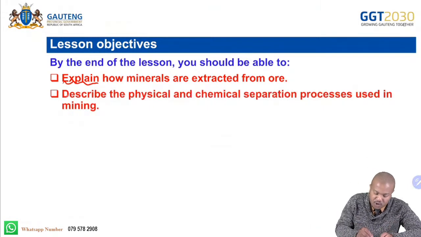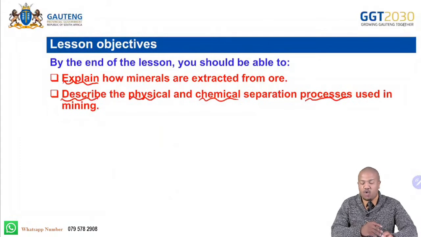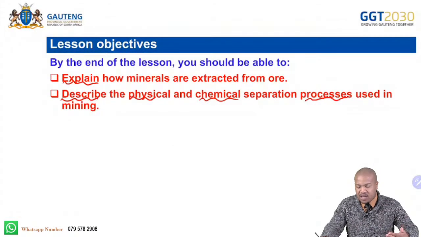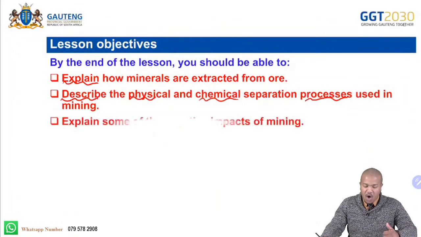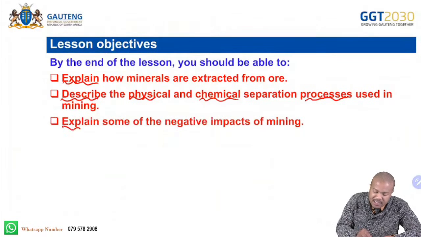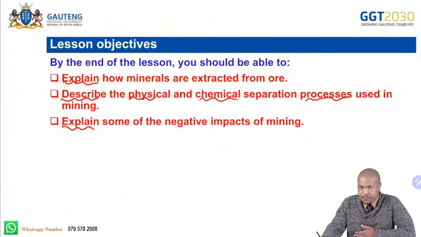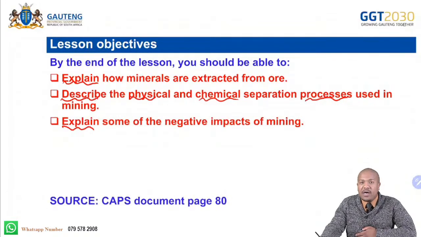Those are the methods of separation. Also, we need to be able to explain some of the negative impacts of mining. All this information is found in the KEPS document on page 80.